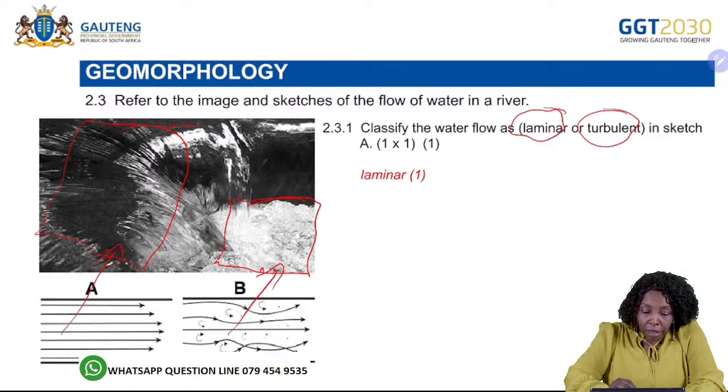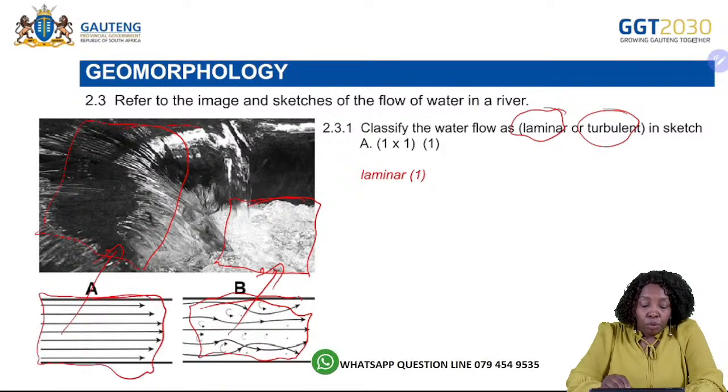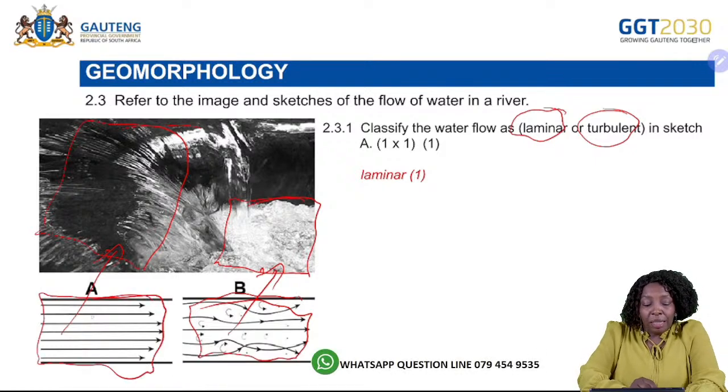Just by looking at the diagram itself, look at how the arrows are portraying the flow of water here. If you look at the flow of water here, is it smooth, or is it bubbly, a kind of rotational flow of water? And when you look at this one, we're looking at water that is flowing smoothly in sheets.